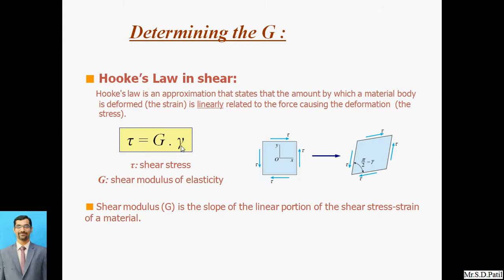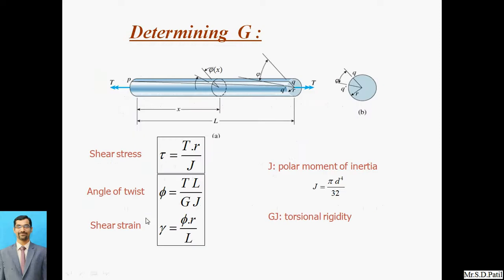That strain we are calculating first of all by using, so shear modulus is the slope of the linear portion of the shear stress to the strain of a material. So these are the formulations for the determination of G.